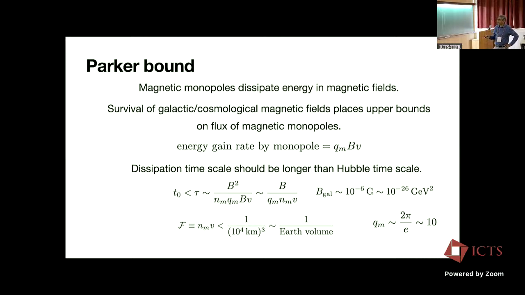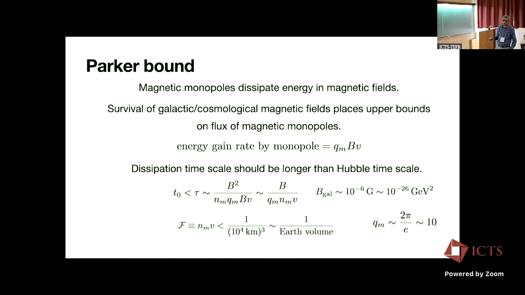Then if you define the flux to be the number density of monopoles times the velocity, then you can take this on this side, bring the t0 down here, and work out some numbers. If you take them to be relativistic, then the flux has to be less than 1 by 10 to the 4 kilometer cube.